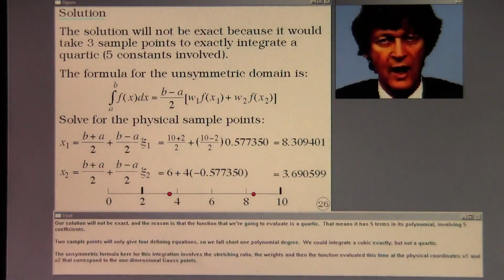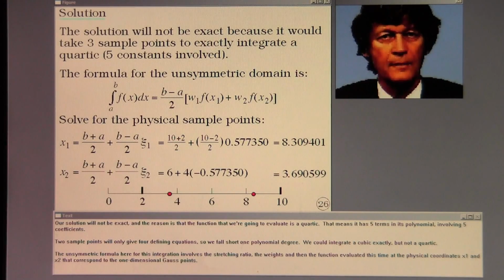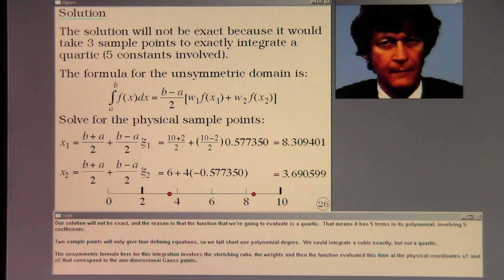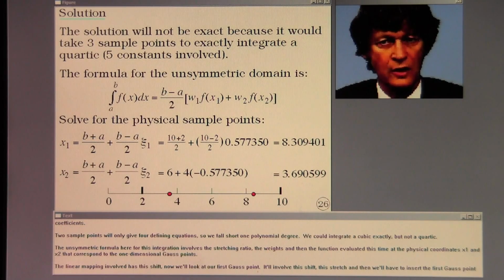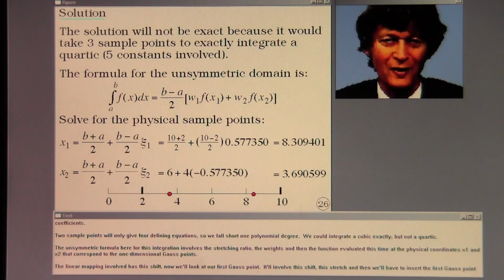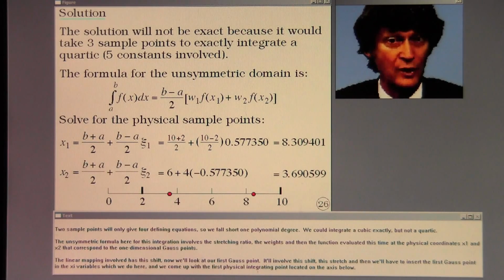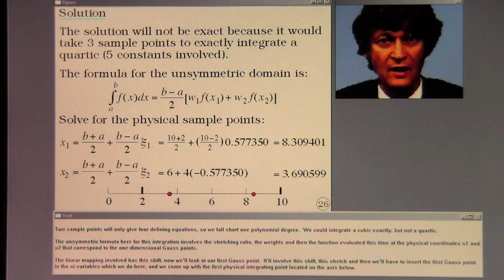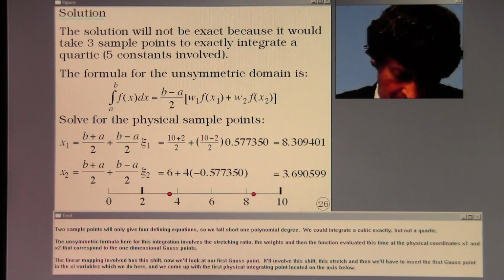Our solution will not be exact, and the reason is that the function that we're going to evaluate is a quartic. That means it has 5 terms in its polynomial involving 5 coefficients. 2 sample points will only give 4 defining equations, so we fall short 1 polynomial degree. We could integrate a cubic exactly, but not a quartic.